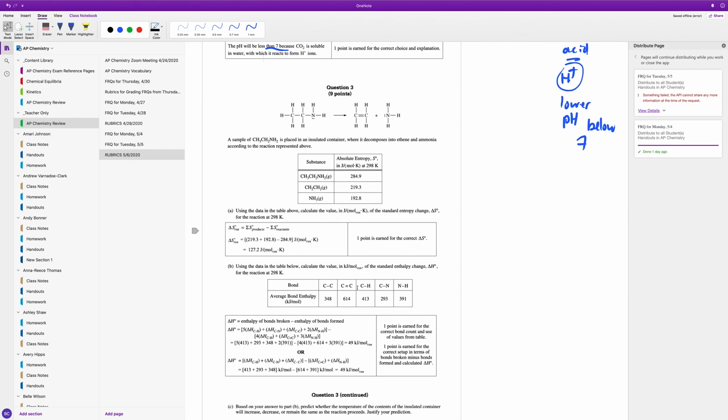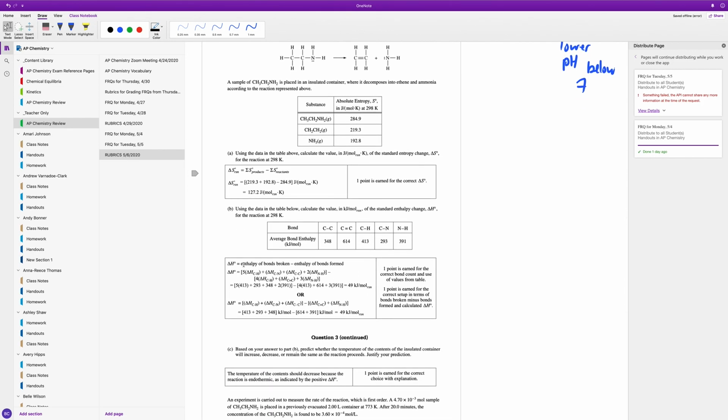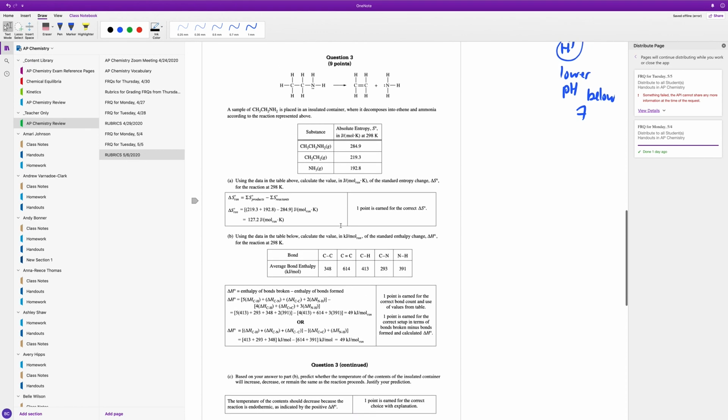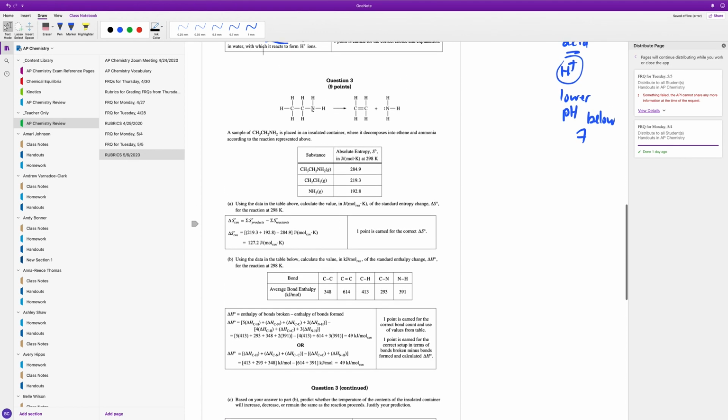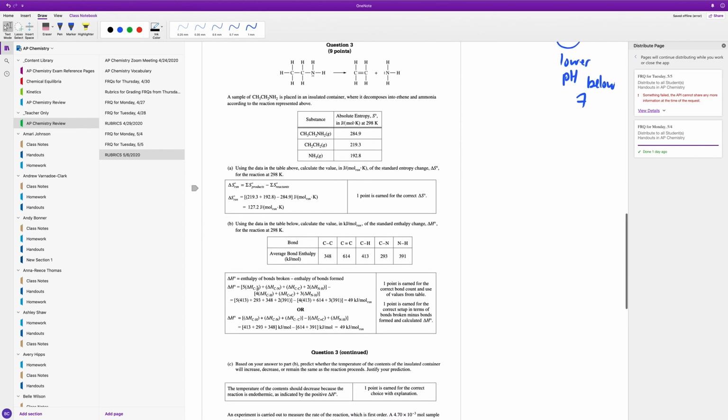Here's all the bond energies. We're going to add up all the bonds that we're breaking, because that takes energy, and we're going to subtract out all the bond energies that form. So we have to count them all up. Looking at all of the carbon-hydrogen bonds, there's 5 of them here. There's 1 carbon-nitrogen bond and 2 nitrogen-hydrogen bonds, and they've added up all of those.